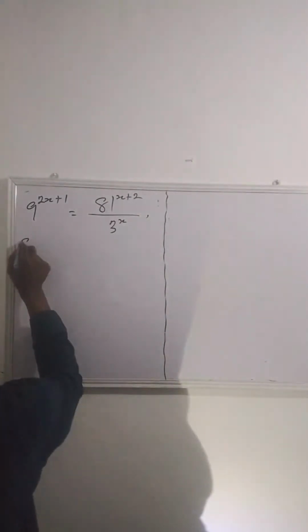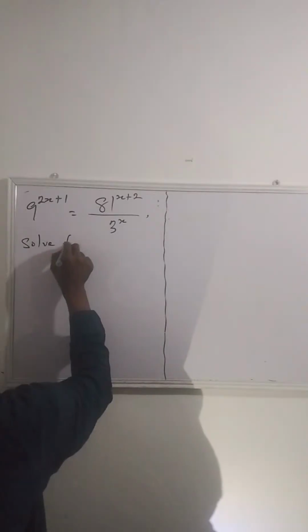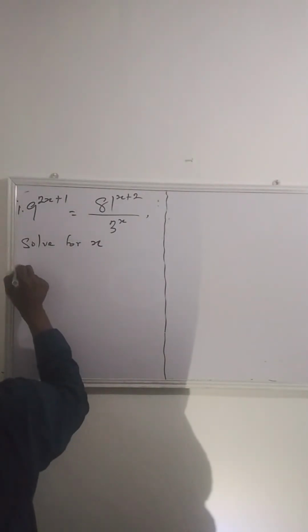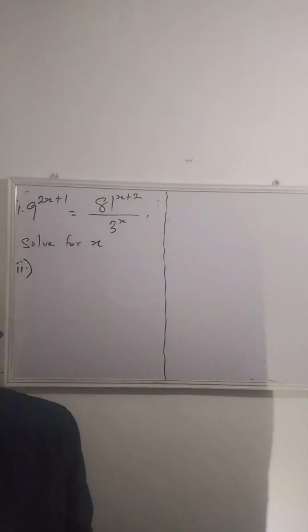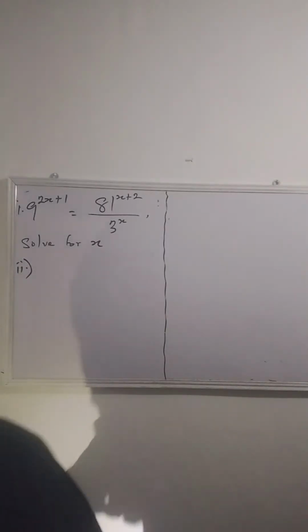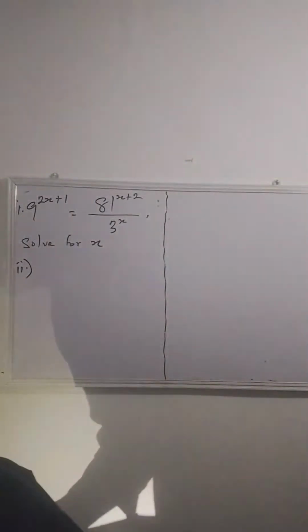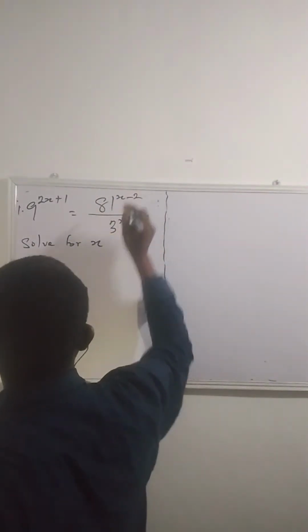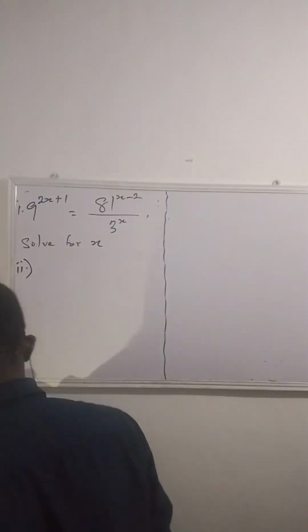So solve for x. So this is the first one. And the second one is this. X minus 2. Okay. This should be x minus 2. All right, now let's get it right.